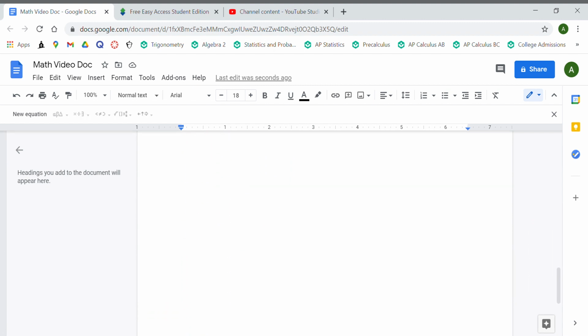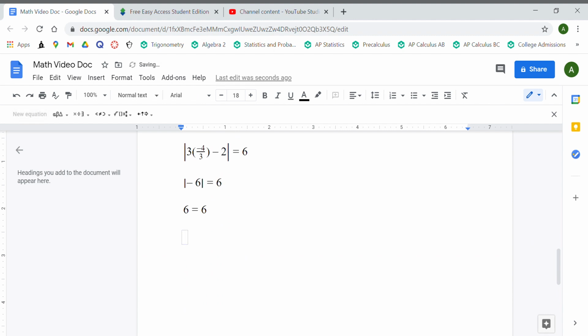Alright. So now I want to show you something that might be easy to miss if you don't read closely. Take a look at this equation right here. You might think, oh yeah, I'm just going to solve this.